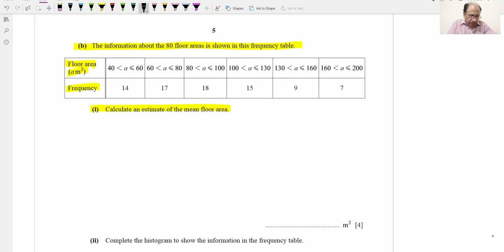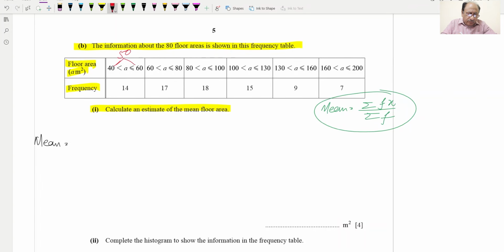So mean will be equal to, we know the formula for mean is sigma fx over sigma f. This is the formula which we will be using. First of all we will check for the mid range, and this will be 40 plus 60 divided by 2, which is 50.